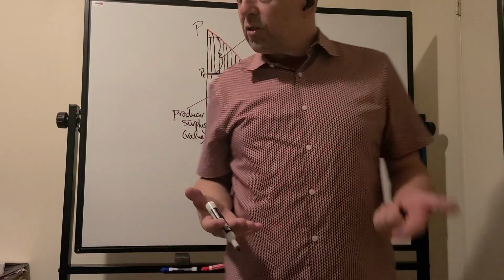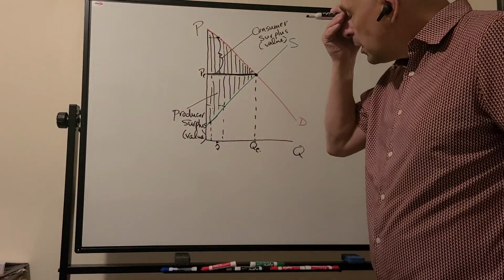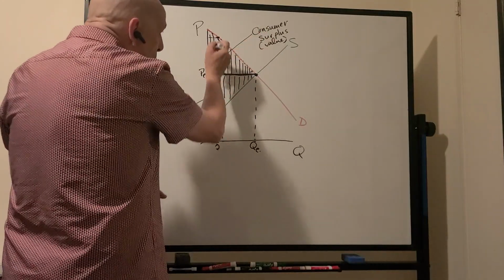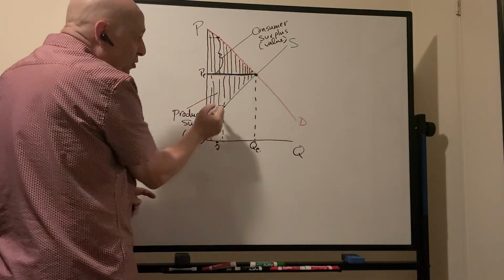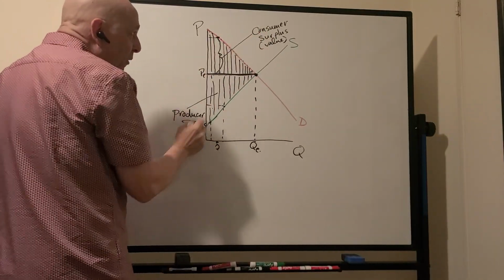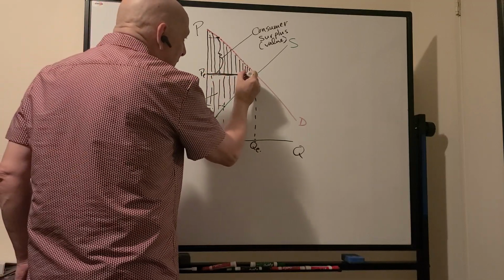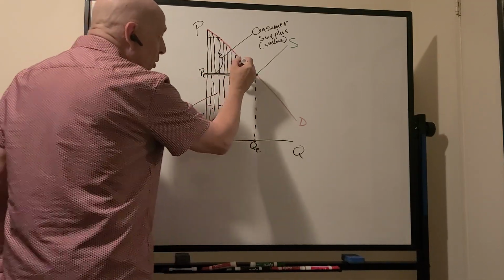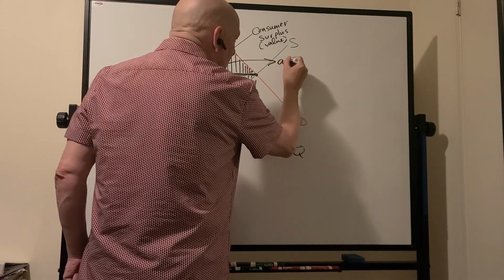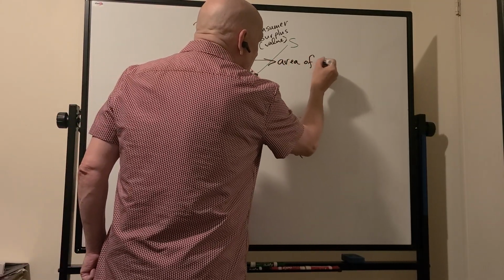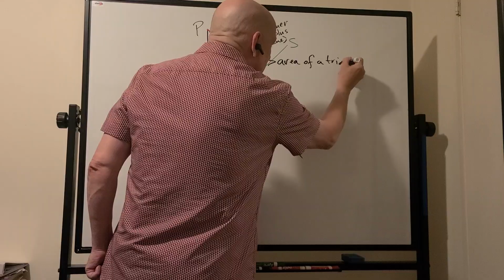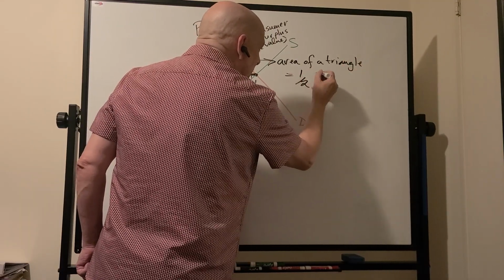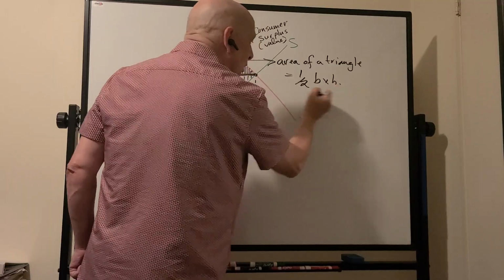Now, you can readily see that, and what we call this overall, between consumers and producers, right? We can actually calculate this area. We calculate that as the area of a triangle, which is 1/2 times the base times the height, right?